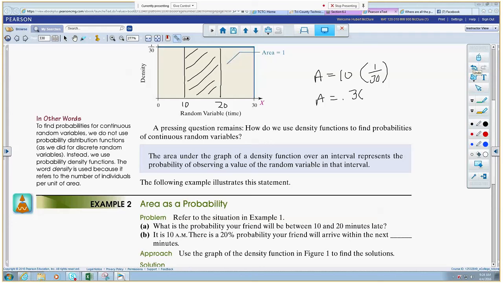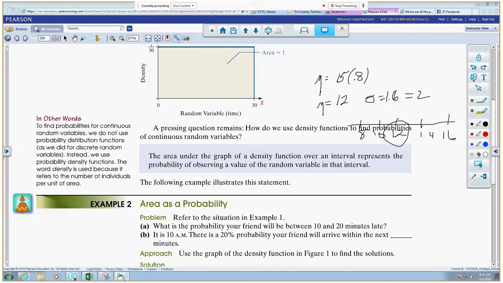So you might as well go ahead and grab a chair and sit with that probability. It is 10 a.m. There is a 20% probability that your friend will arrive within the next blank minutes. Well, 20%. Let's find 20%. What are they telling you if they tell you that the area is 20%?